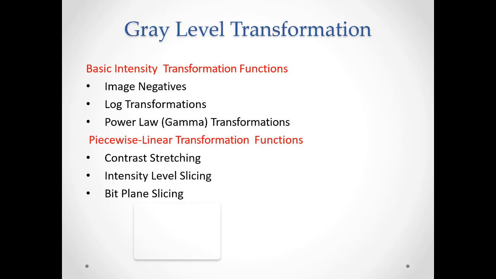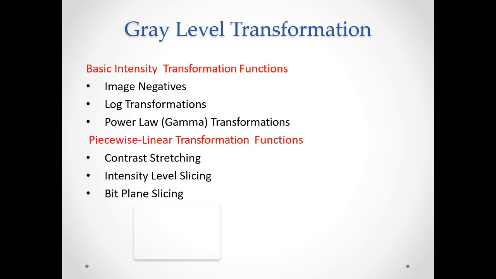In this lecture, let us understand some basic intensity transformation functions. The intensity transformation function is also known as gray level transformation. The intensity transformations are the simplest form of all image processing techniques. It can be represented as S = T(R), where R is the value of pixel before processing and S is the value of pixel after processing.